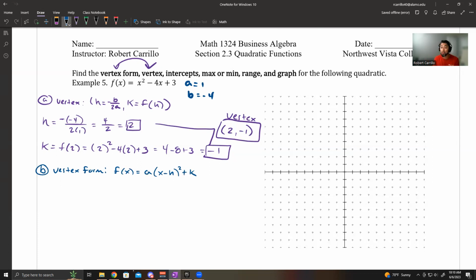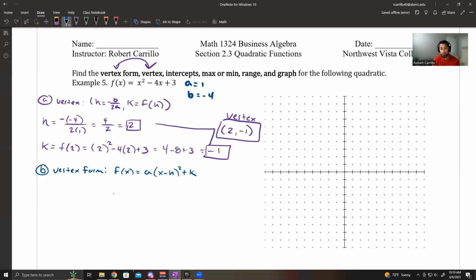Okay, and all we have to do here is plug in h and k from what we found in step A. And you also will plug in the a value. So this one's nice. Whatever the a value is on your quadratic function, that is also the a value that goes in your vertex form. So very nice how that works out.